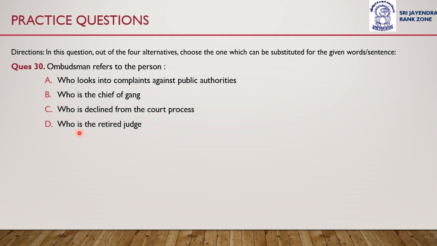Ombudsman refers to the person: option A, who looks into complaints against authorities; option B, who is chief of a gang; option C, who is declined from the court process; and option D, who is a retired judge.